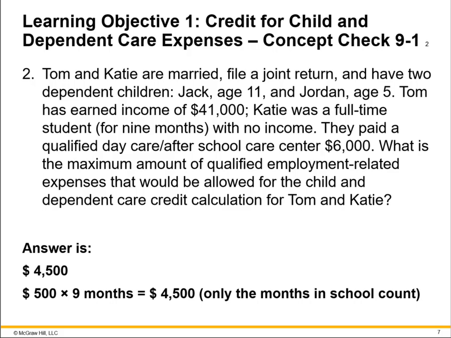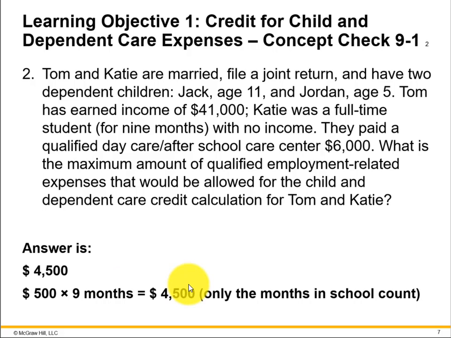So she, as the lowest paid spouse, is going to be treated, for the 9 months she's in school, as having $500 of income each month. Now, it's not actual income. We know that. It's not put on the tax return as income. It's just for this little test here, 4,500. So that's what she could consider out of the 6,000.